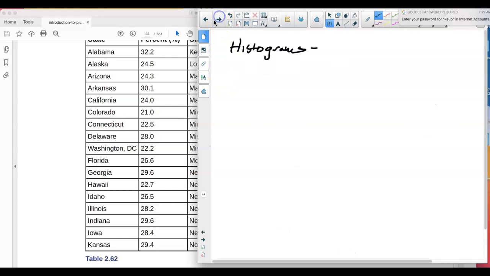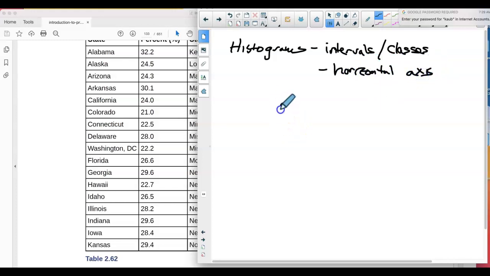All right, let's move on to histograms. A histogram is a bar graph that is connected, with intervals instead of having categories at the bottom. What a histogram has is intervals or classes at the base of the horizontal axis.